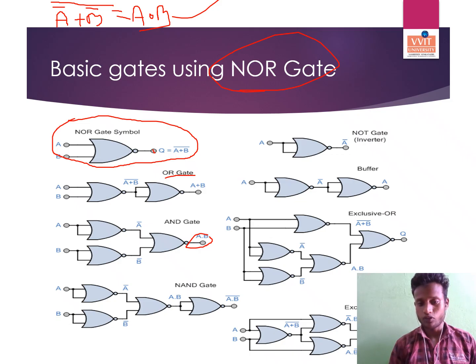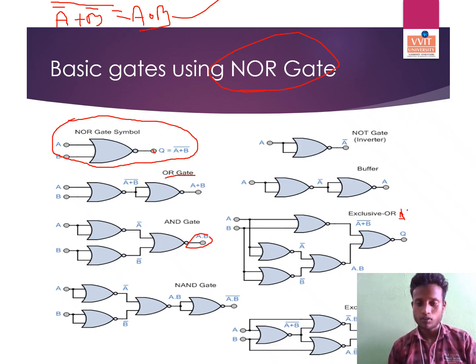Now the exclusive OR gate. You see here, what is the output here? A plus B whole bar. What is the output here? A into B. The AND and NOR outputs are both given to another NOR gate, and it comes as the exclusive OR gate. What is the output?